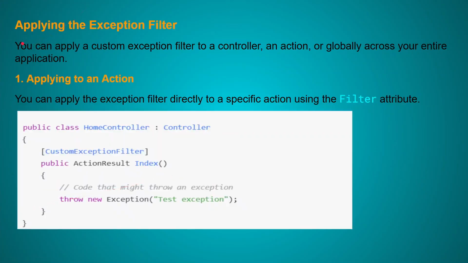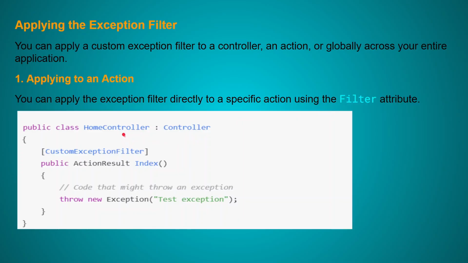Applying the exception filter. You can apply a custom exception filter to a controller, an action, or globally across your entire application. Applying to an action: you can apply the exception filter directly to a specific action using the filter attribute.